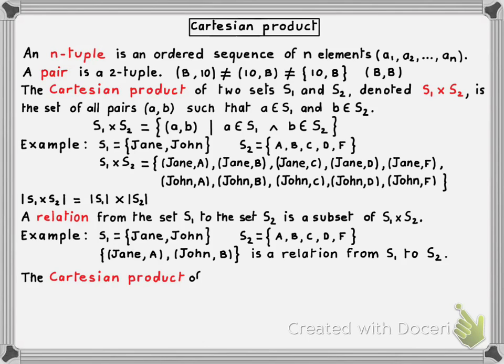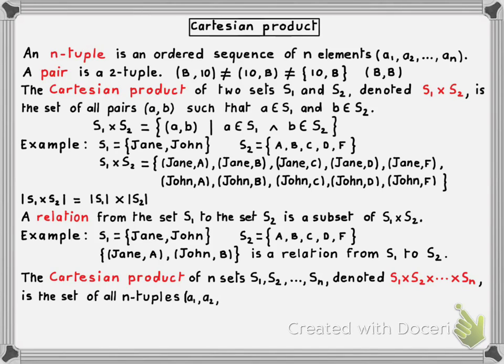Now, to conclude this segment, I want to extend the definition of the Cartesian products to n sets, not just 2. So, the Cartesian product of n sets S1, S2, dot, dot, dot, Sn, which is denoted by this product here, again the order matters here, is the set of all n tuples of this form, A1, A2, dot, dot, dot, An, such that every element in the tuple belongs to one of the sets.